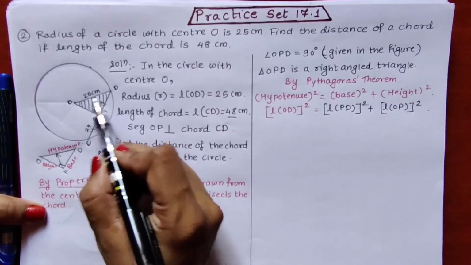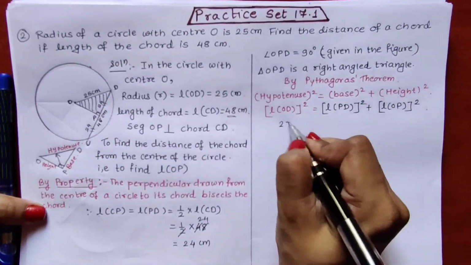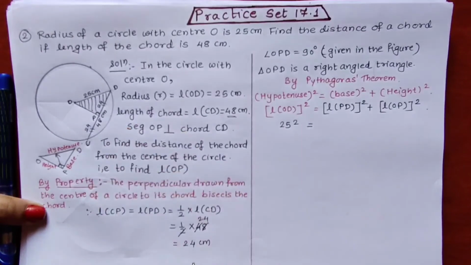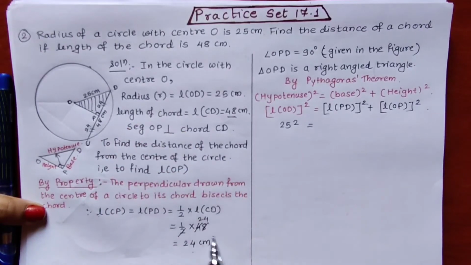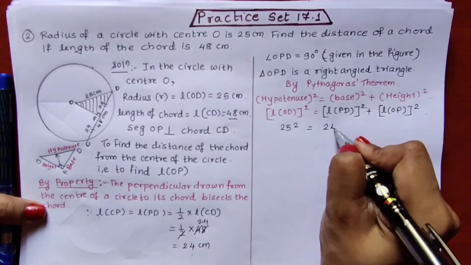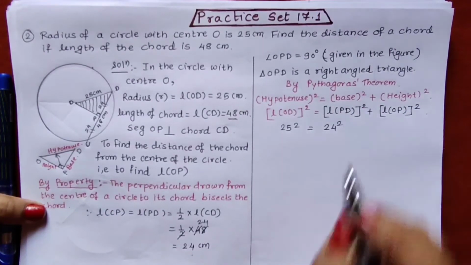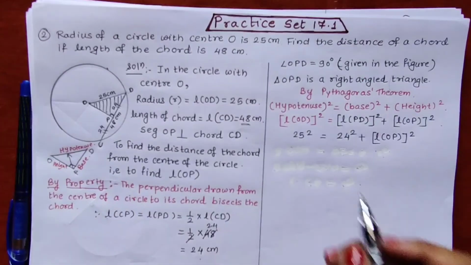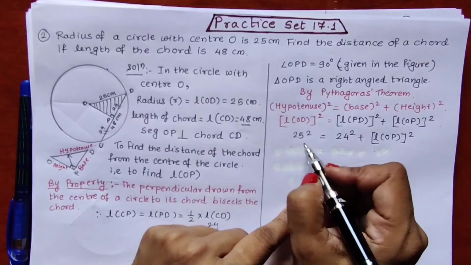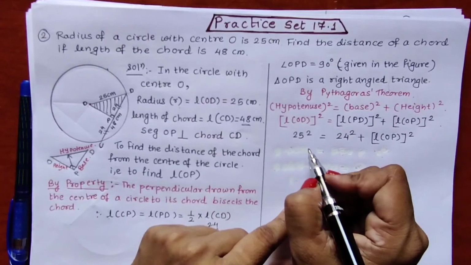Now OD square means 25 square. The length of OD is given to us, so it will be 25 square. PD, just now we got 24 centimeter by calculation. So PD square means 24 square plus length OP square. I told you to learn all the squares by heart till number 30.